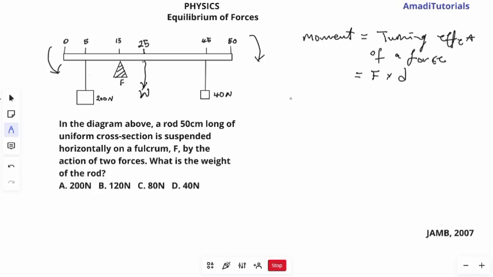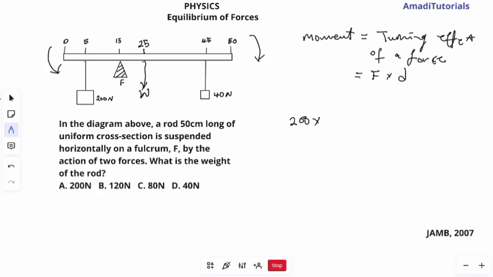Now, on the left hand side of the pivot or fulcrum, how many forces are there? Only one force, 200 Newton, acting in an anti-clockwise direction. So the anti-clockwise moment will be the force times the perpendicular distance.